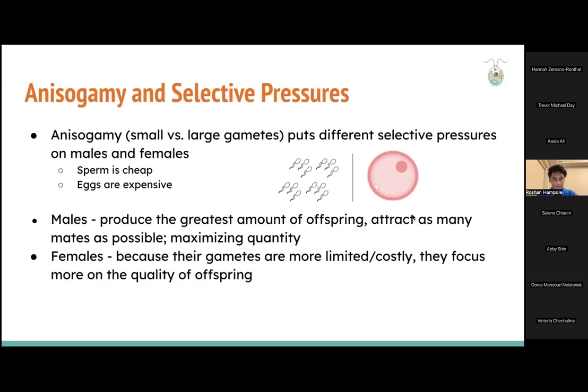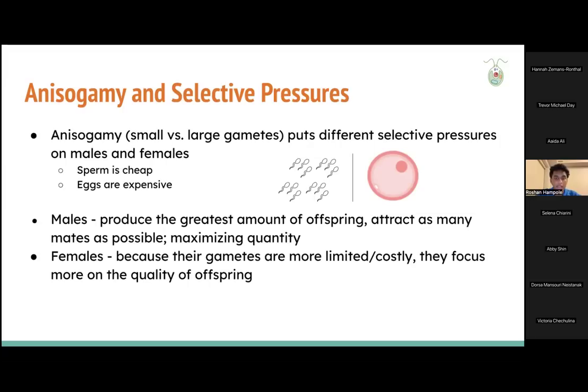Okay, so just the concept about how anisogamy ties into male and female differences. So anisogamy, which was the idea that gametes are either going to be small and mobile or large and non-mobile, basically just means sperm versus eggs. So anisogamy puts different selective pressures on males and females. This is because sperm is cheap to produce and eggs are expensive.